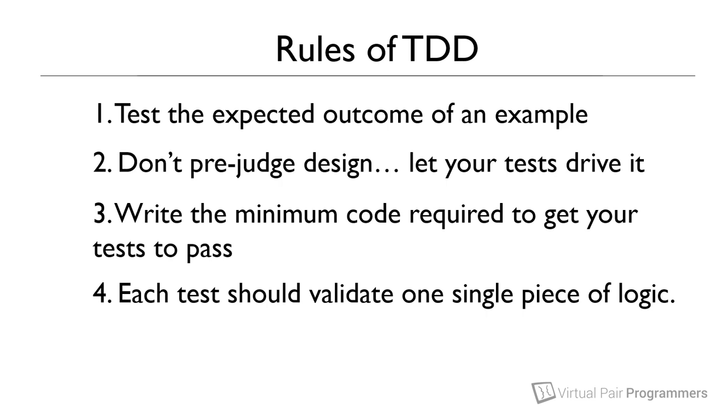And that's what we're doing now. We have 2 different valid ISBN numbers and we expect both of them to return the value true. So we are testing the same principle of logic with both of these numbers. We've just got 2 different examples. So in this instance, it's fine for them to go in the same method.